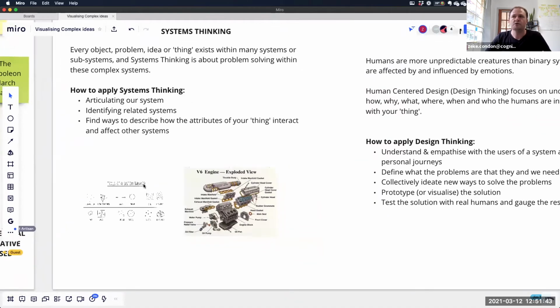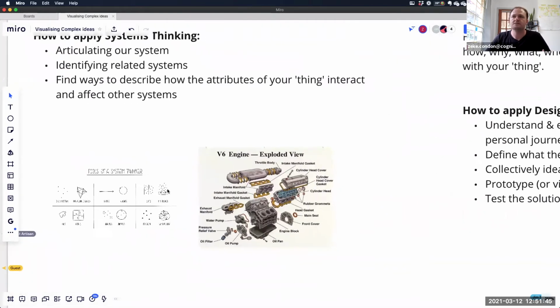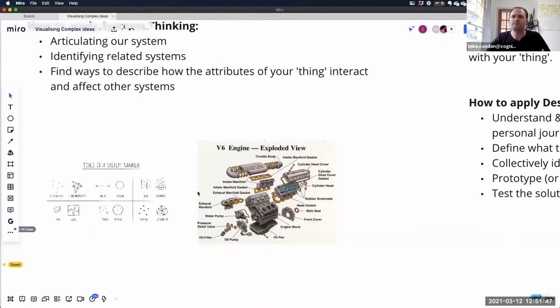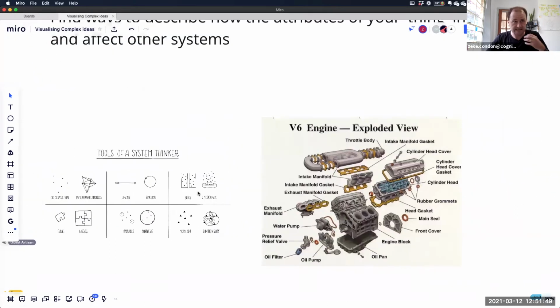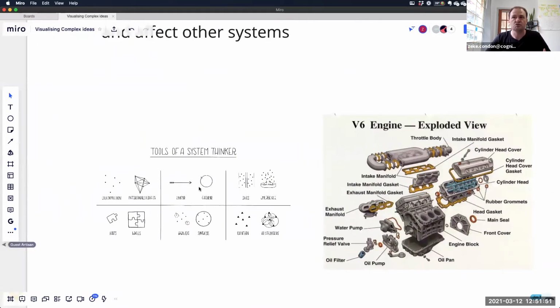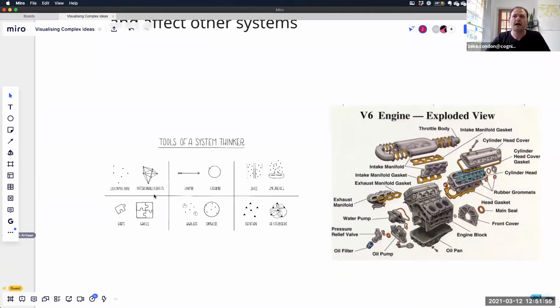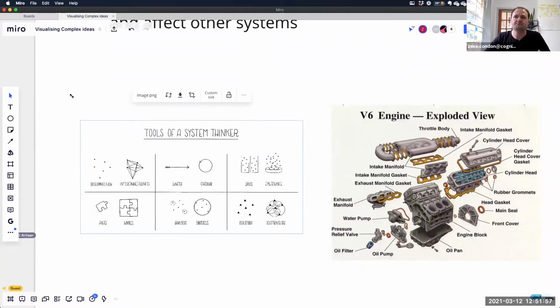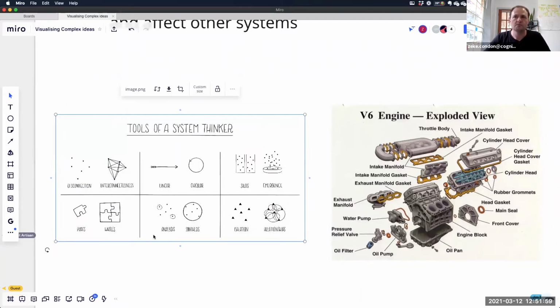But if you look at the principles that a systems thinker applies to really quickly look at relationships within a system, they apply these six main tools. Talking about how things are disconnected and how they might become interconnected. Are there disconnections or interconnections within those?